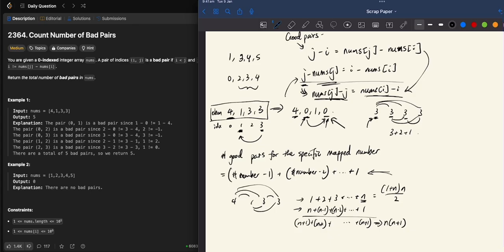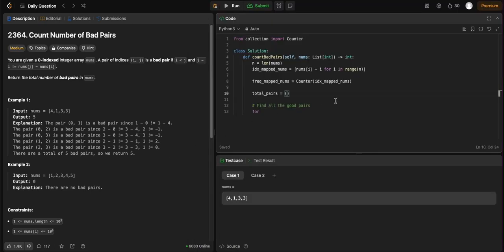So that's what we have to do. But now when we have 4 elements, we want to sum from 1 all the way to 3. So if we have n elements, we want to sum from 1 all the way to n minus 1. If we just apply the formula, what do we have? We have n times n minus 1 divided by 2.